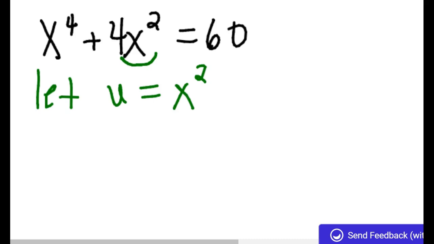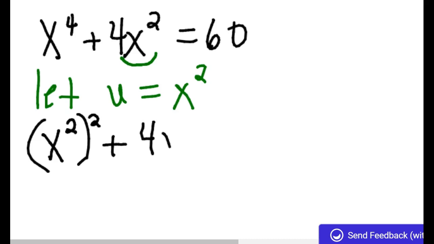Remember, x to the fourth is the same as x squared squared, because our properties of exponents tell us when we have a power raised to another power, we multiply those powers. The only reason I'm doing this is to illustrate why this substitution method works.